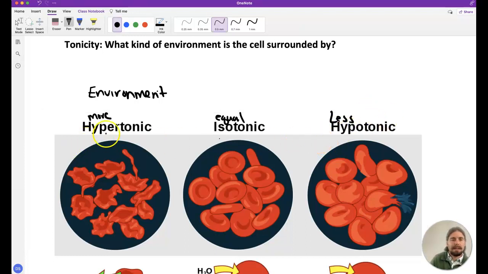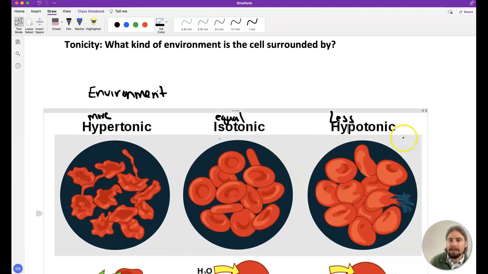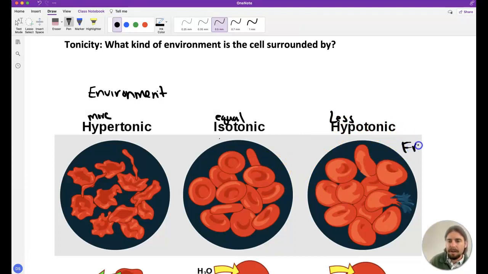And so what this is saying is that the solution surrounding the cells is more tonic, it has more salt, higher osmolarity than the cell, whereas hypotonic, you have less salt in the surrounding environment. Think of walking into fresh water versus walking into salt water, for example.